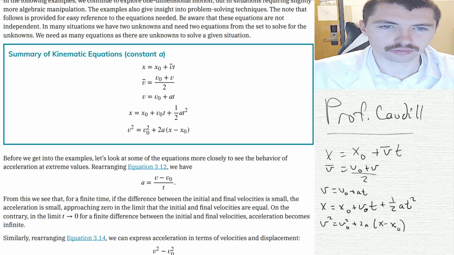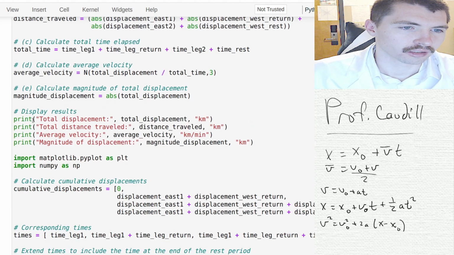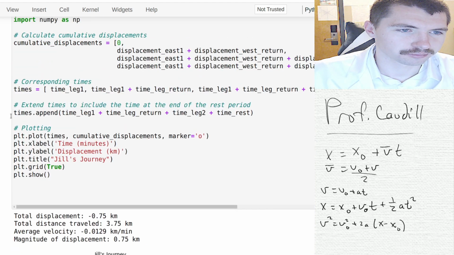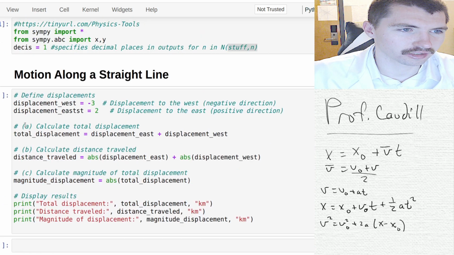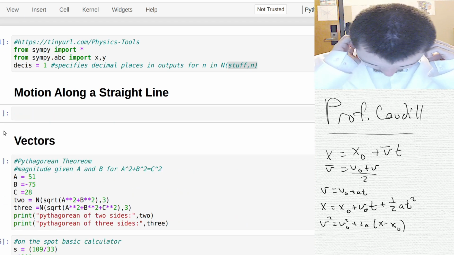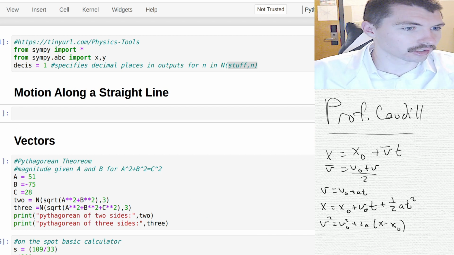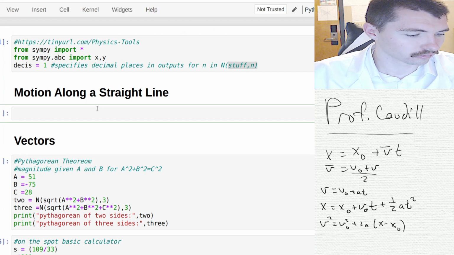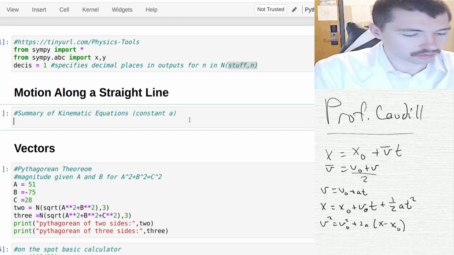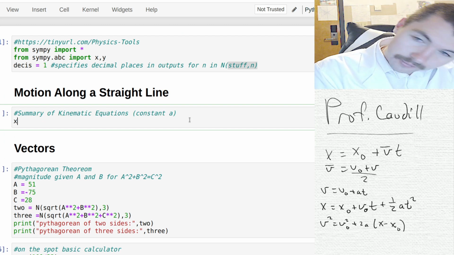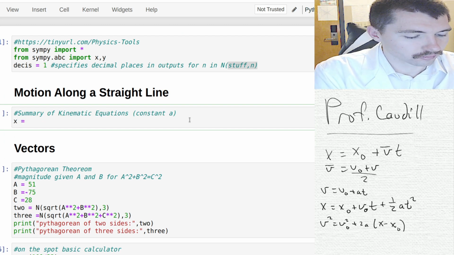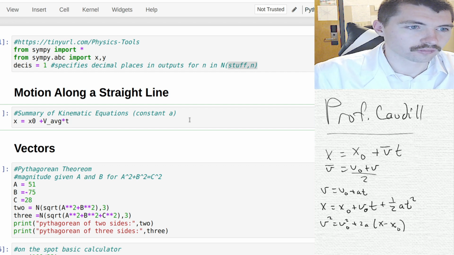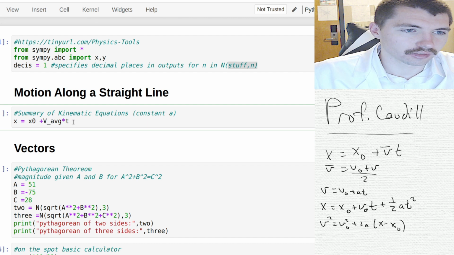Okay, so we have x. Okay, so we have this equation.